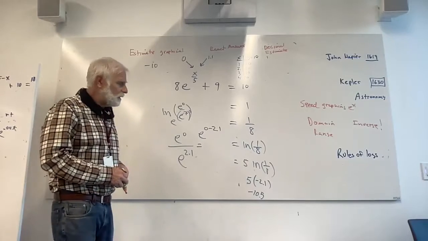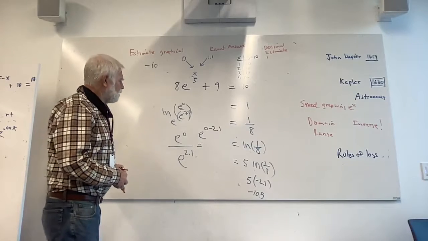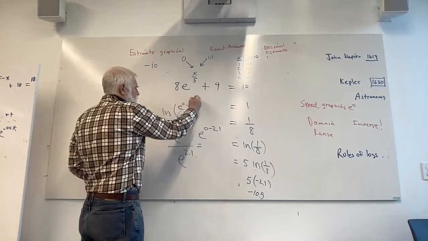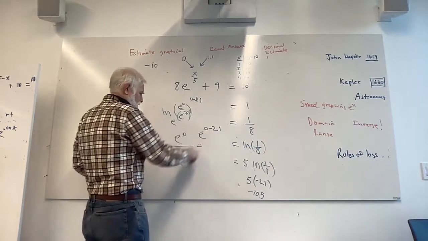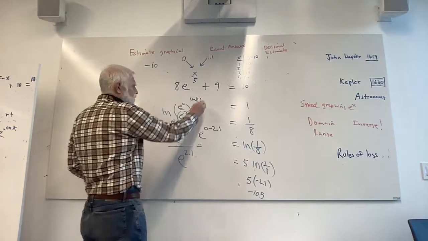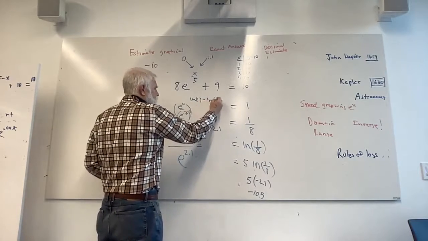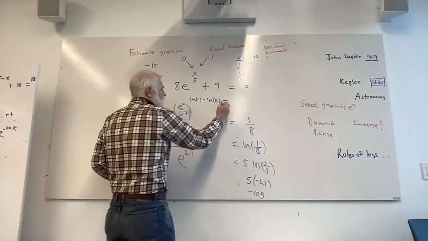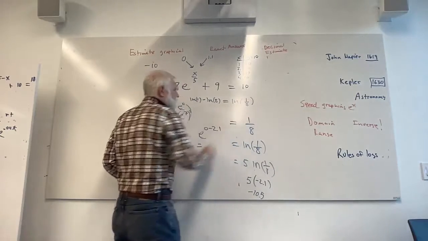But I'll take it. Now, what are the rules of logarithms that come out of this? Well, I know 0 is another way of saying ln of 1. And I know I'm subtracting e to the 2.1, which is ln of 8. And I guess if I did that, I get the logarithm that gets me 1 over 8.